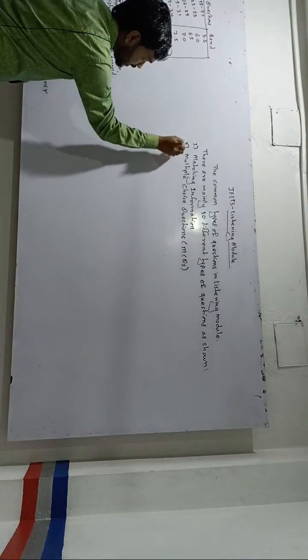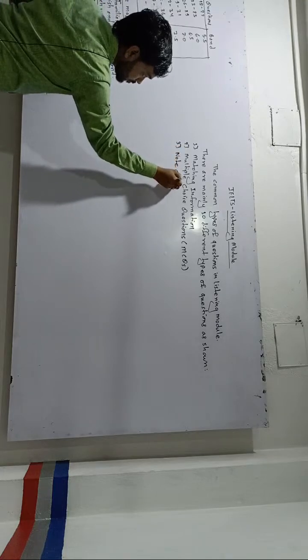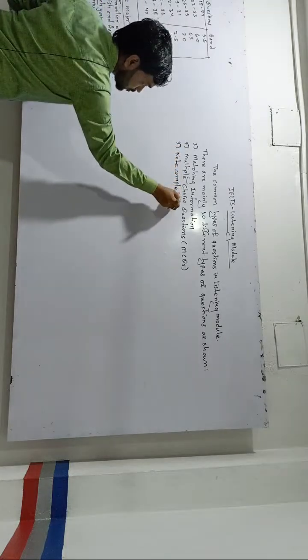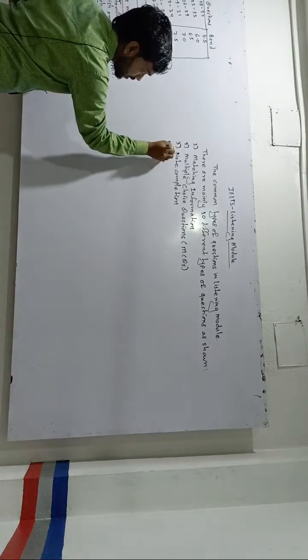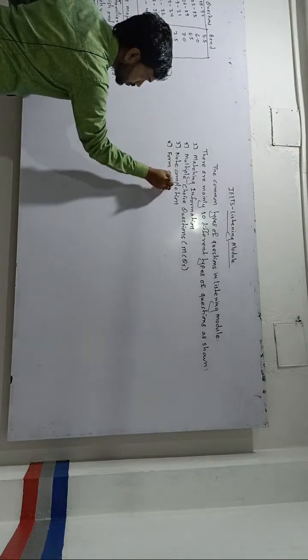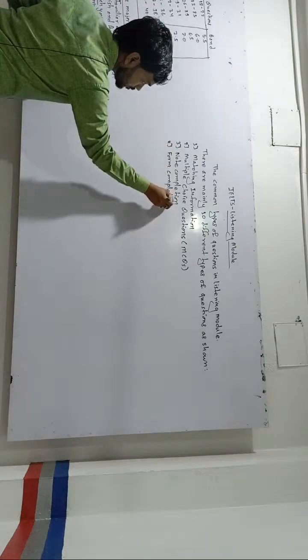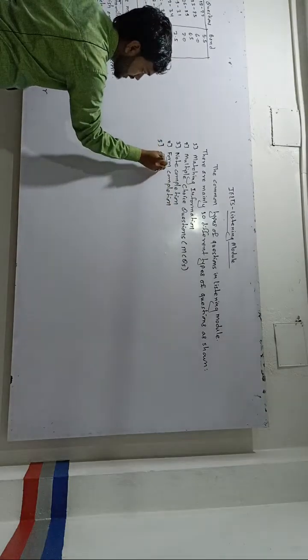Third number is note completion. Fourth number is form completion. Fifth number is sentence completion.